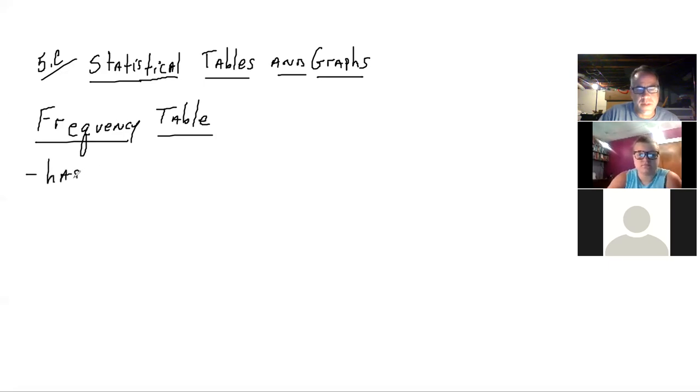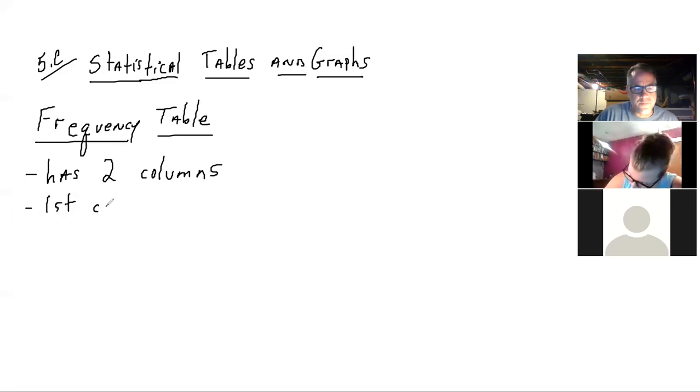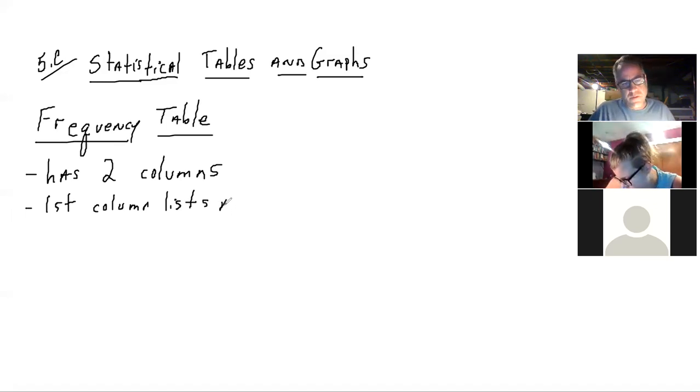It has two columns. The first column lists all categories of the data.